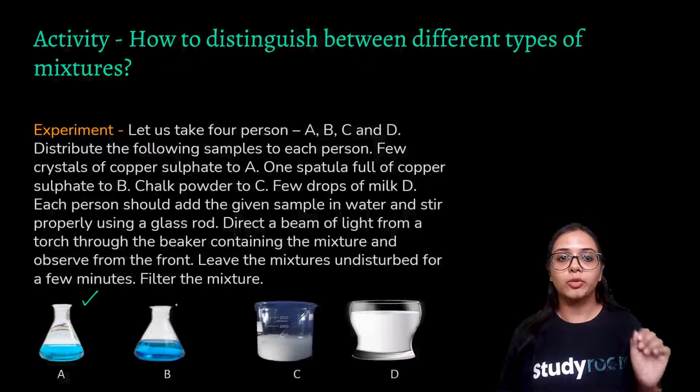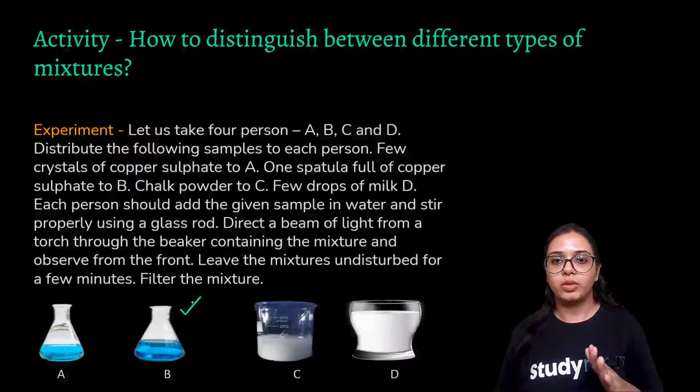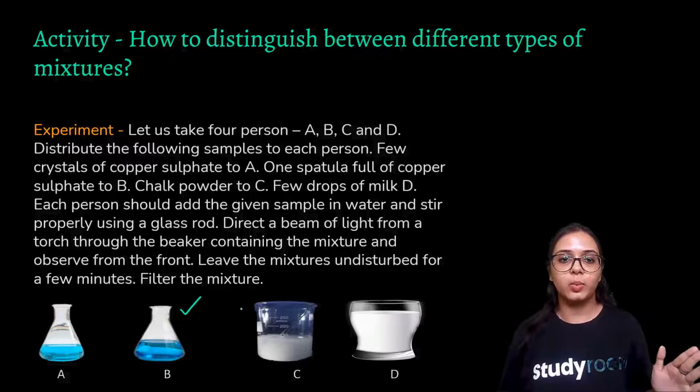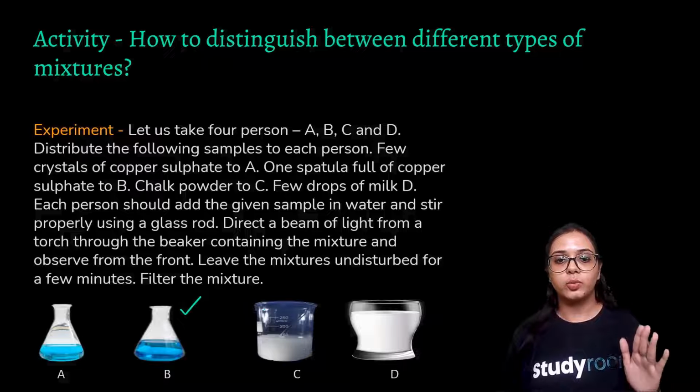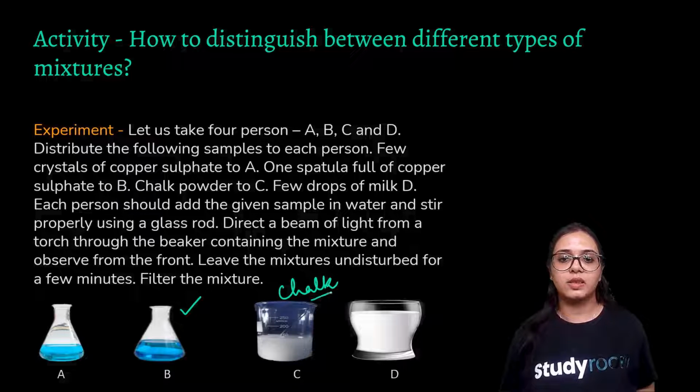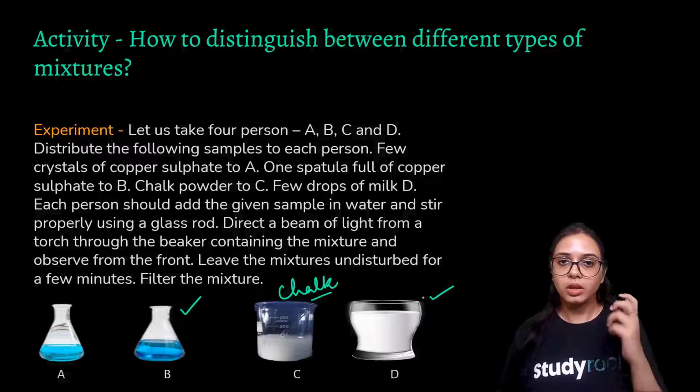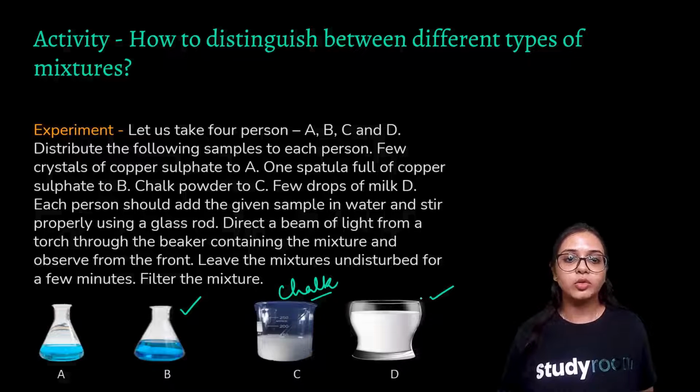So again, the quantity of copper sulfate that we have given to person B is more than what we had given to person A. Then we have given chalk powder to person C, so person C's beaker has a chalky consistency, and then we have only added a few drops of milk to the water of person D's beaker. The beaker has water. So now each person should add the given sample in water and stir using a glass rod.